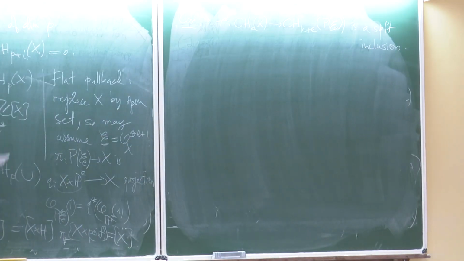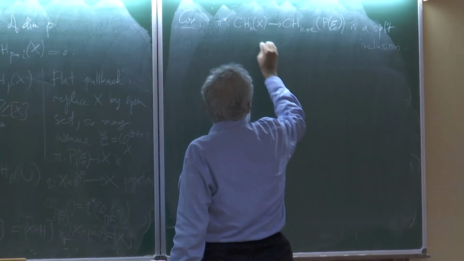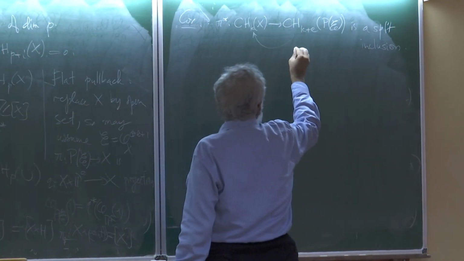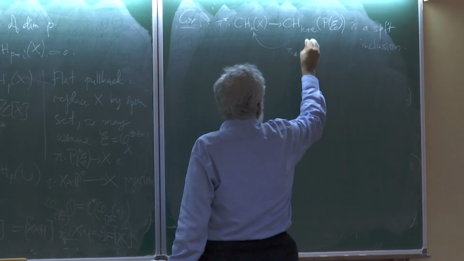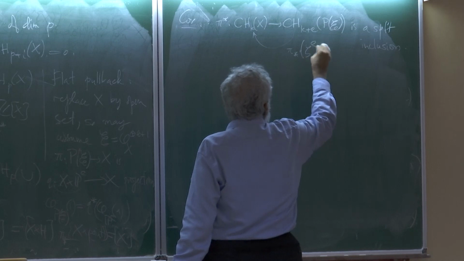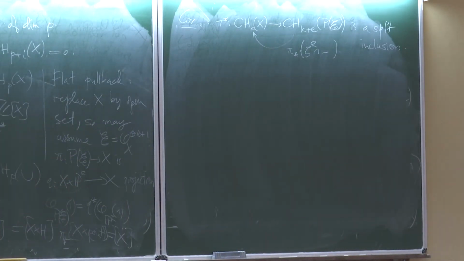Right, because I've constructed a splitting, namely S0. Well, or rather, this is pi lower star of zeta to the e cap blank. And we'll construct a map in the other direction.